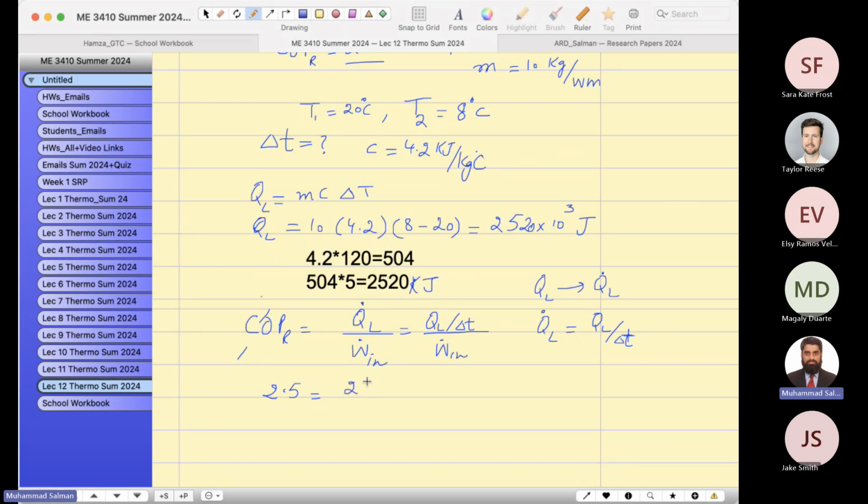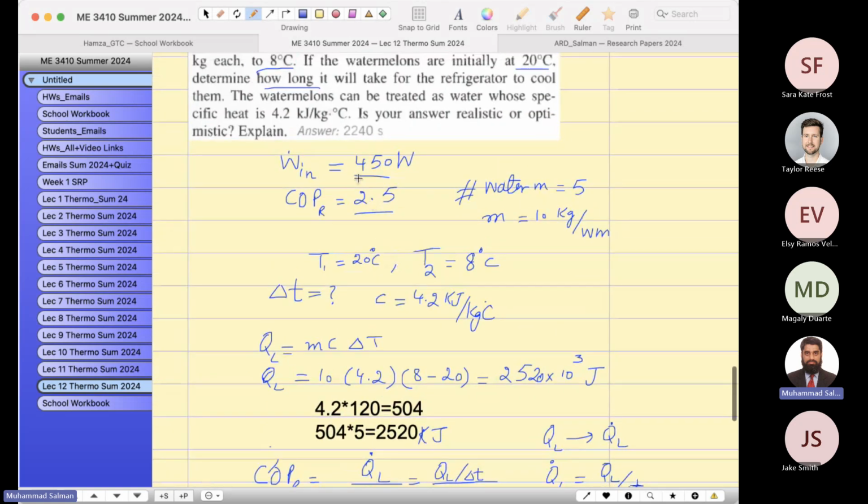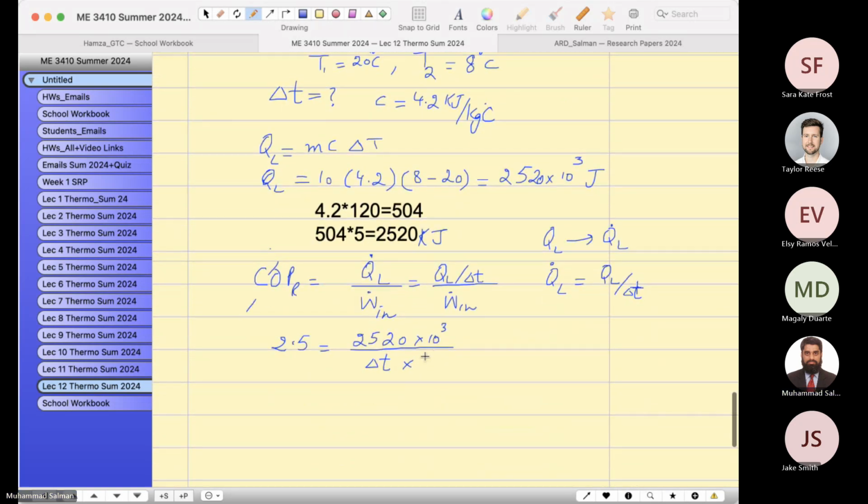QL is 2520 times 10 to the 3 joules per second, times the time duration. W dot in, in the question, it is 450.